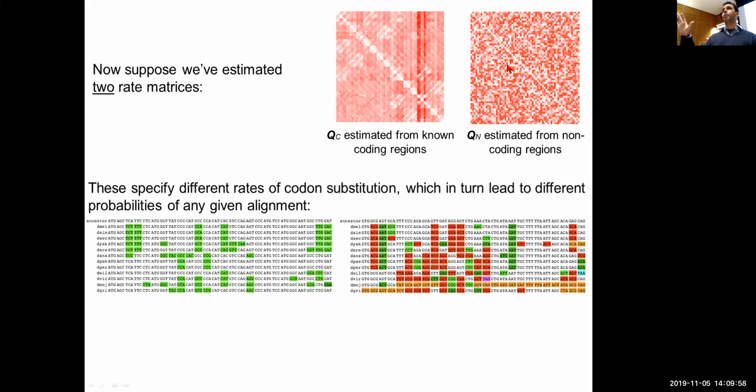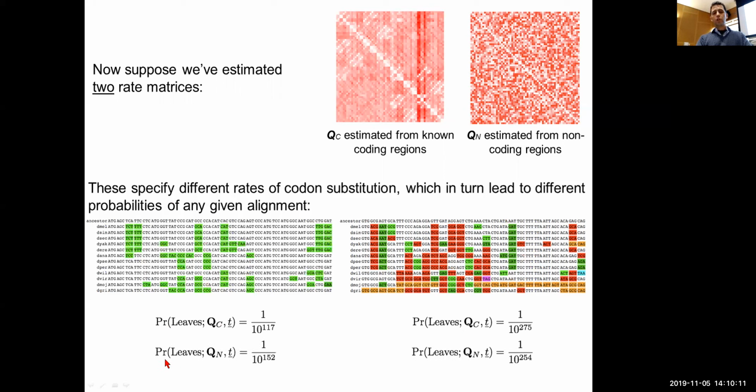Raise your hands if you're with me. Awesome, great. So now I can ask: what is the probability of observing this sequence given the coding matrix, and conversely, given the non-coding matrix? Notice the difference in these exponents.